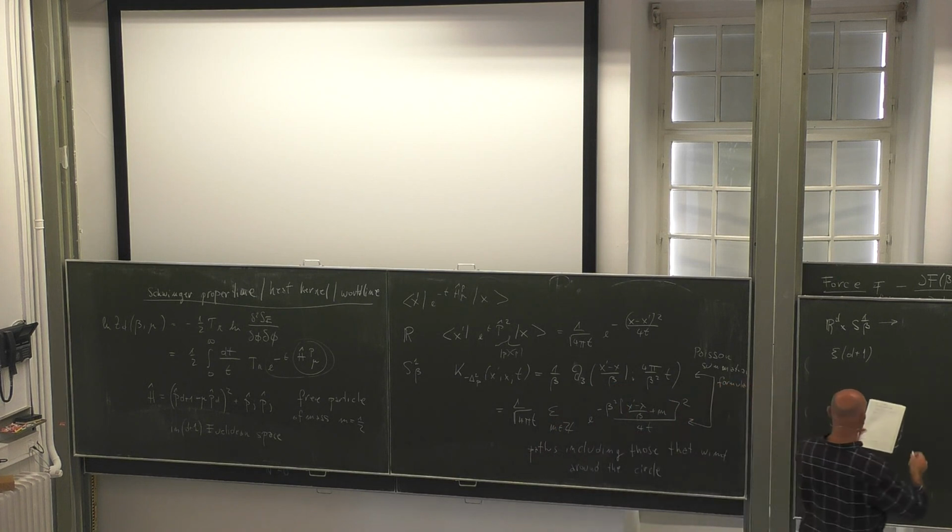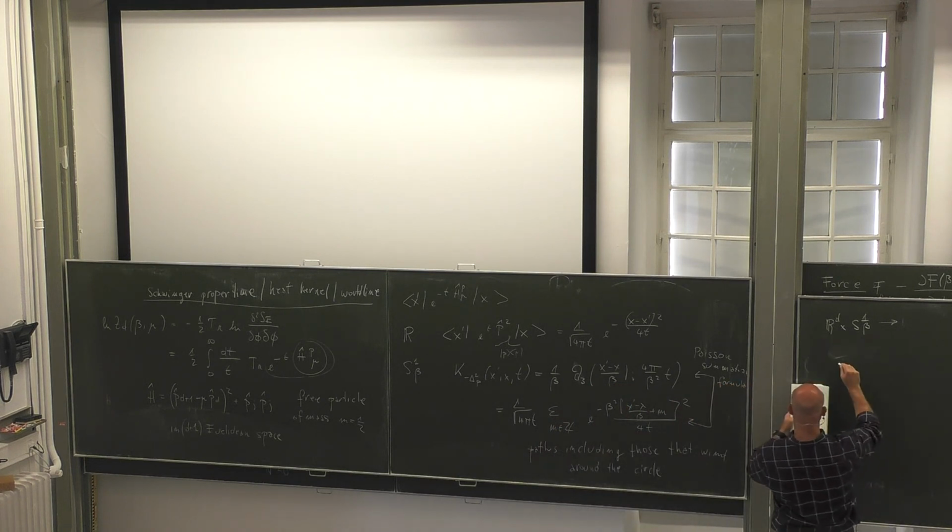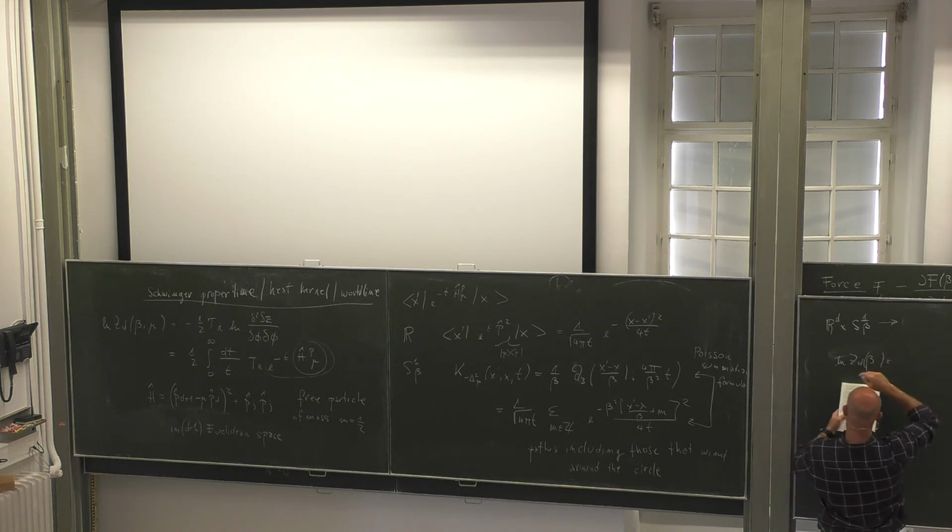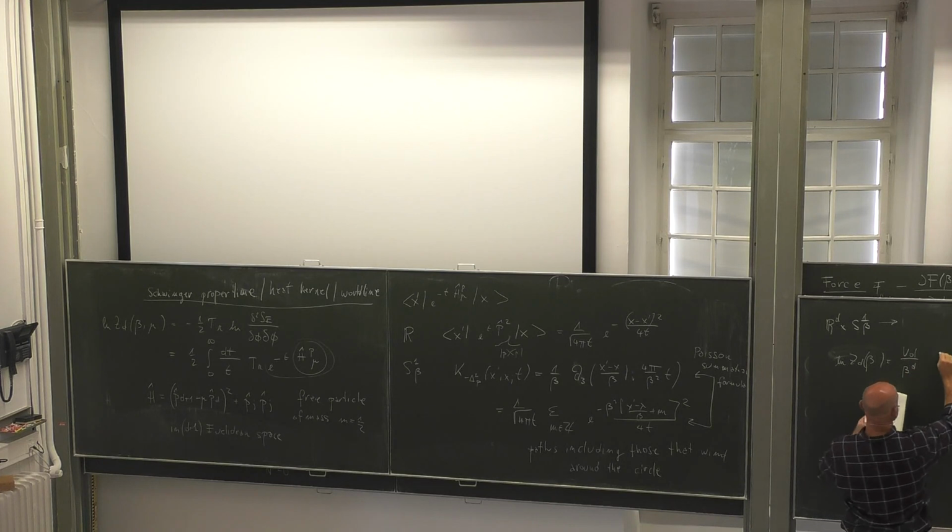If you work it out, you find in this case, let me write the result, ln of Z(beta) is going to be V_d over beta^d. You get it as an integral representation, dt, and then it's t to the power (d+1)/2 minus 1.